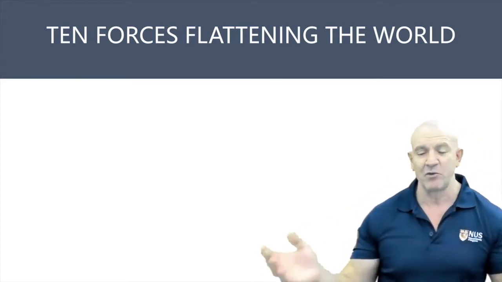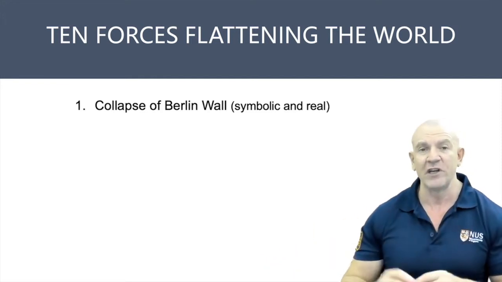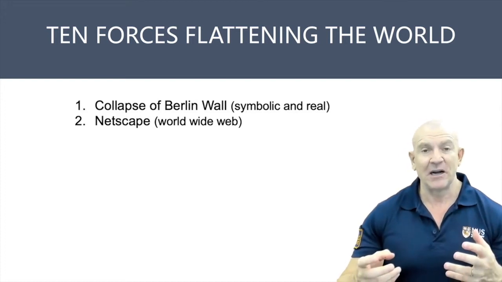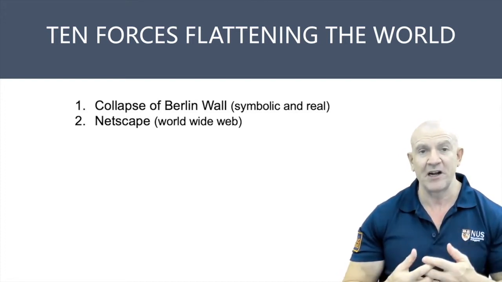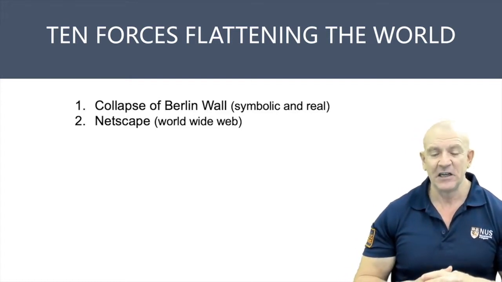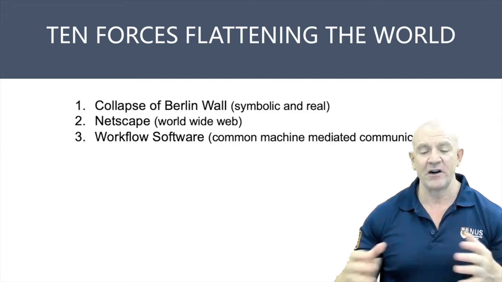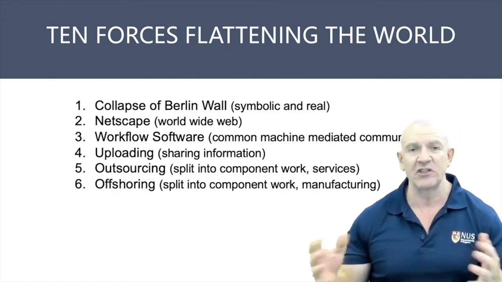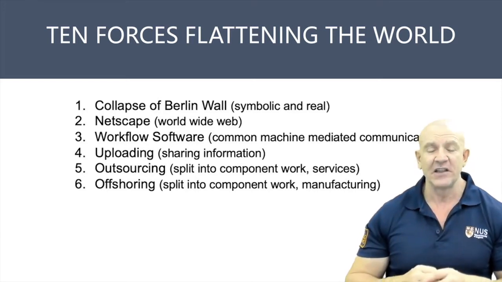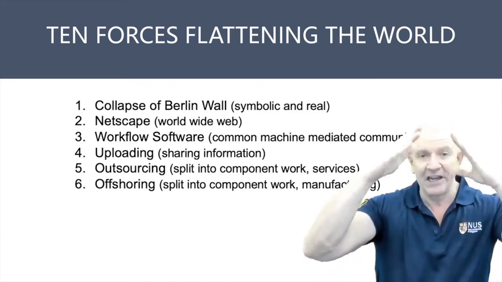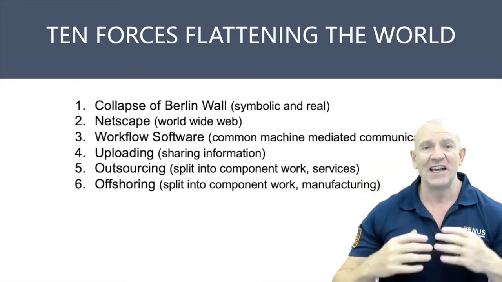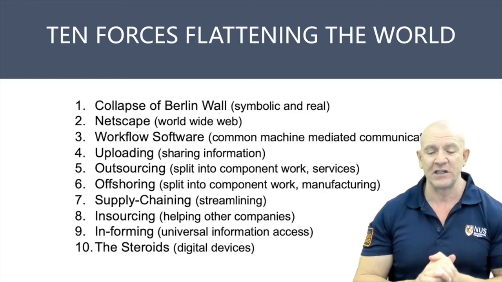For example, the collapse of the Berlin Wall, which is both a symbolic and real event, or the emergence of Netscape, which largely was the first browser that enabled people to navigate the World Wide Web easily, workflow software, uploading information, outsourcing, offshoring. All of these were emerging in the late 1990s and early 2000s that created the idea that the world was becoming less spiky. The spikes were being rounded, the heights of the spikes were being reduced, and consequently there were fewer barriers towards internationalization.